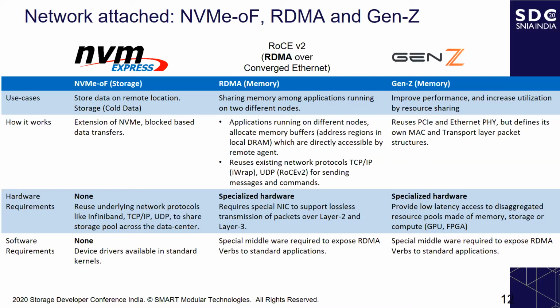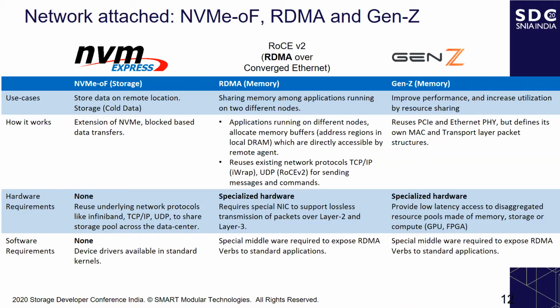Let's compare it with RDMA. RDMA is a similar protocol, but it is primarily designed for large data transfers between two applications running on different nodes. So here we are talking about two applications which want to share data with each other through localized buffers. RDMA reuses the existing network layers like TCP/IP and UDP to send that data without any CPU intervention.